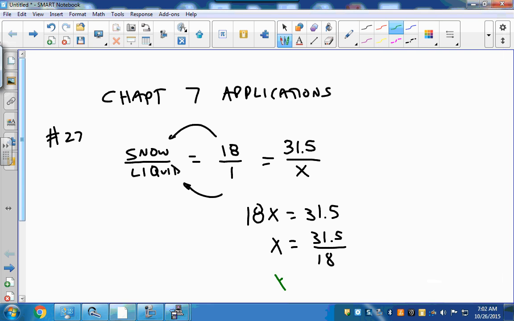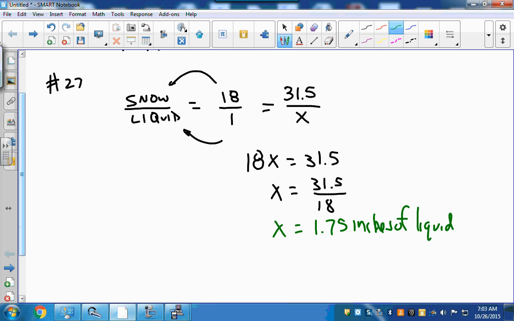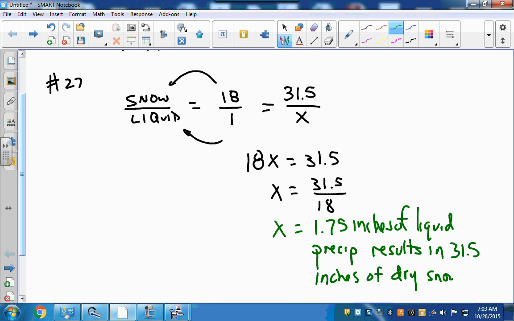So 1.75 inches of liquid precipitation results in 31.5 inches of dry snow. In all these application problems, you should finish the problem with a sentence that answers the question that was asked.